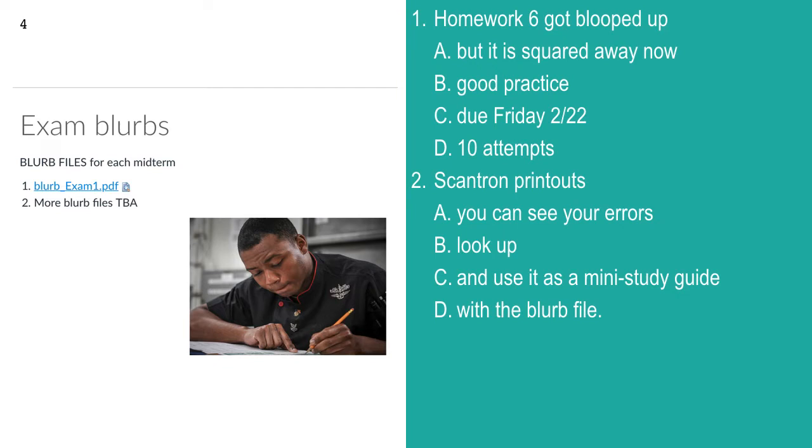All right, now about your printouts, a couple things I want to point out to you. You can see your errors on these. Now, about the printout itself, there's a little percentage value in the upper right, I guess. That's not the percentage of your test because the Scantron doesn't know anything about the other 3 points and the 3 bonus points.